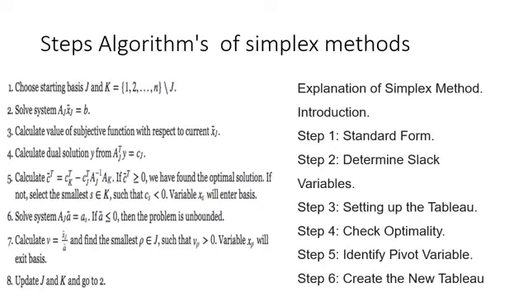This is called the standard form. Then in the next step, we write the objective function with all non-zero terms to the left of the equal sign and 0 to the right. The variable to be maximized must be positive.